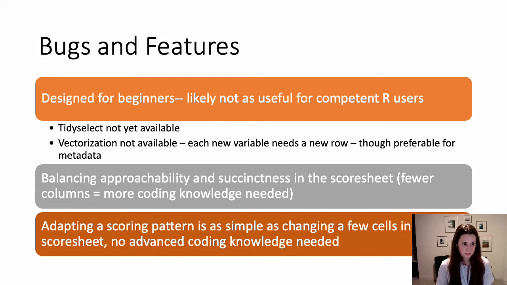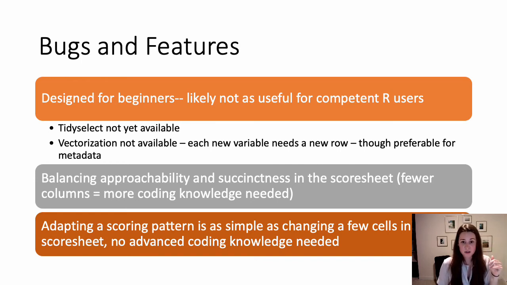And another thing is adapting a scoring pattern, so this is a feature, is as simple as just changing a few cells in the score sheet, and no advanced coding knowledge is needed. So if I make a score sheet and then someone else is using that exact same measure in their analyses, I can just send them my score sheet and they should be able to run it right off the bat.